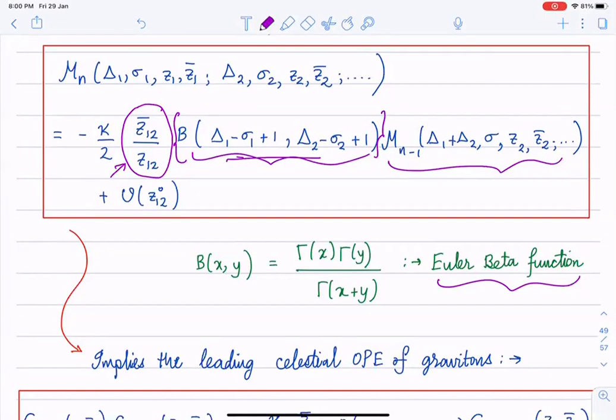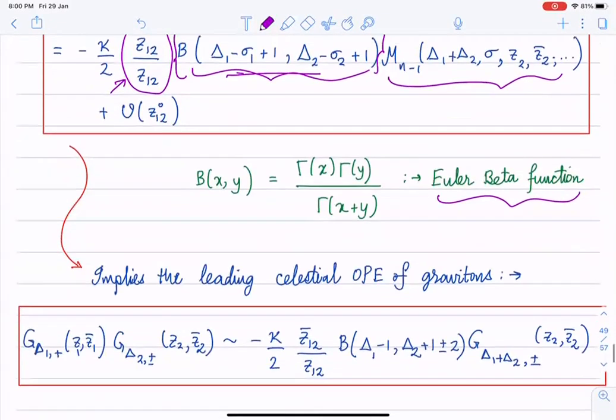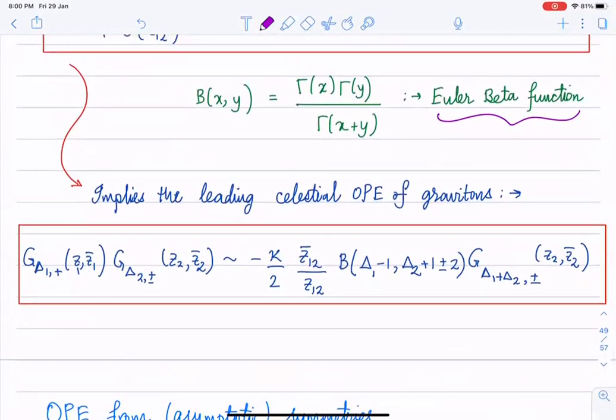So from this amplitude statement, we can extract the following operator statement from it.